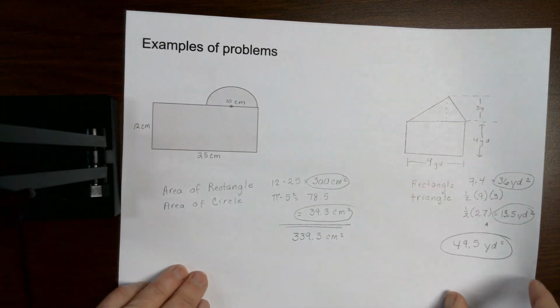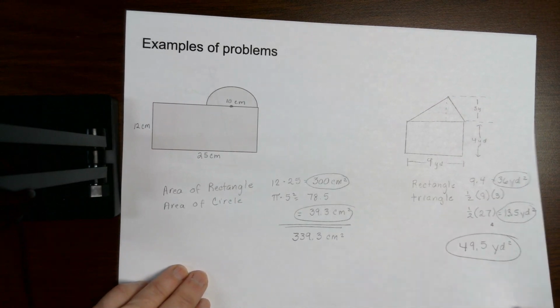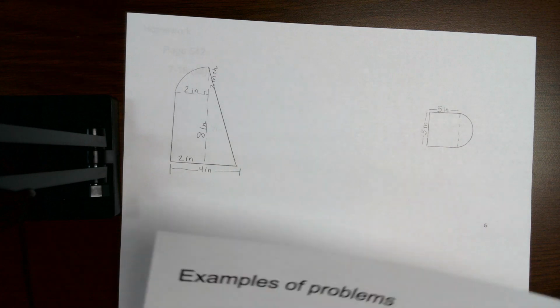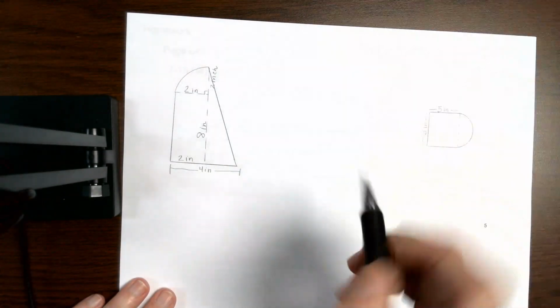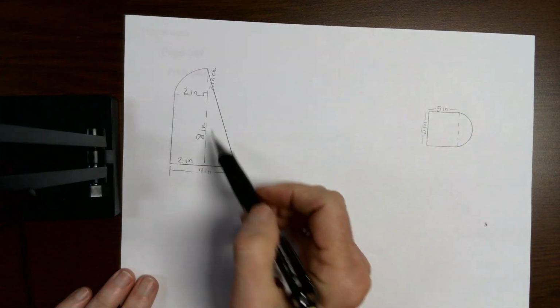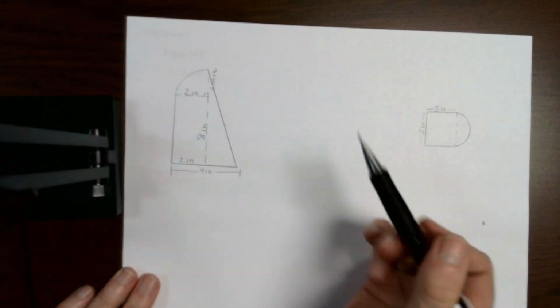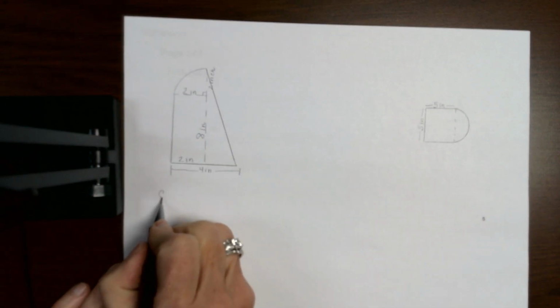So you can see all you're really doing is breaking it up into its smaller parts and then using the equations that you know. This one, you have a rectangle, a triangle, and then a quarter of a circle. So let's do the circle first.